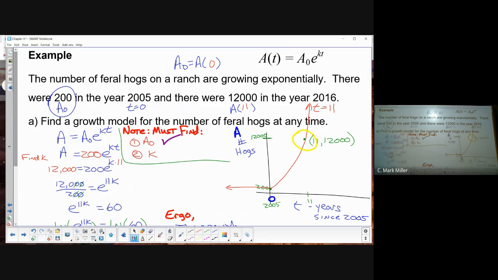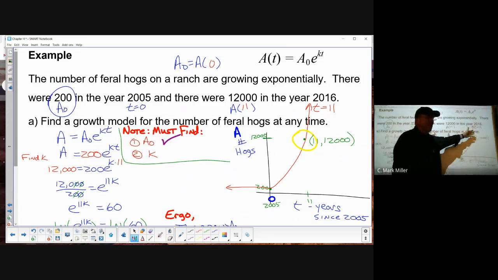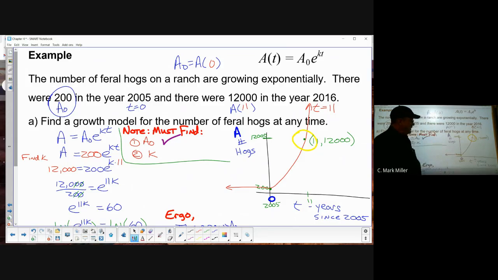And those correspond to 2 points on a graph. Again, you don't have to do a graph. I think in a lot of cases it will help. So your initial amount at 0, you have 200. Well, that means A0 is 200. Okay.